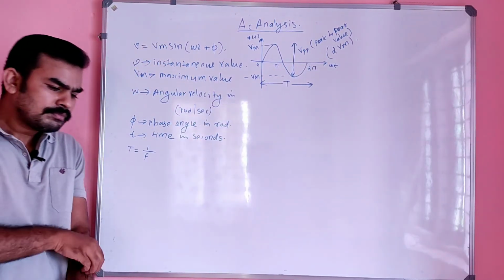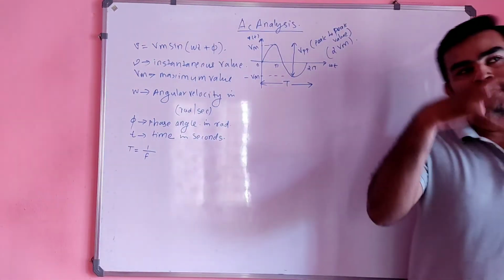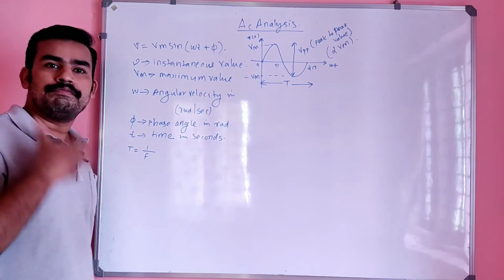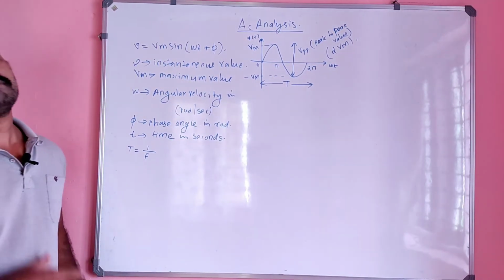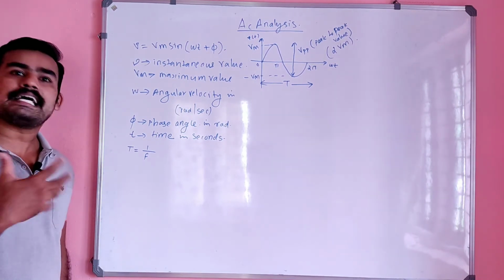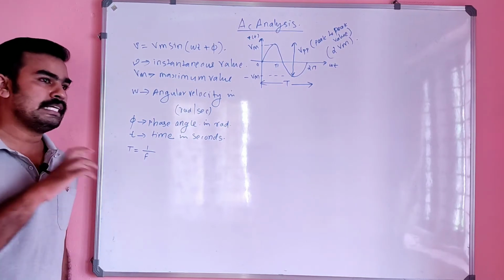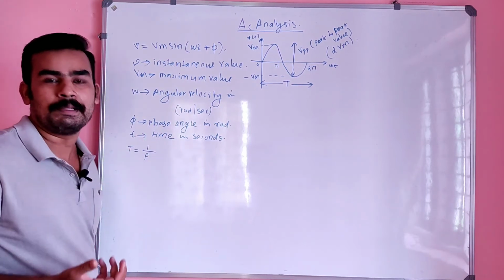For example, in our home, the standard voltage that we are receiving is 230 volt, 50 hertz. The meaning of 230 volt 50 hertz is that 230 is the RMS value of the voltage, and 50 hertz is the frequency.